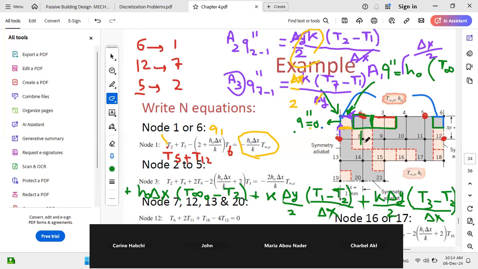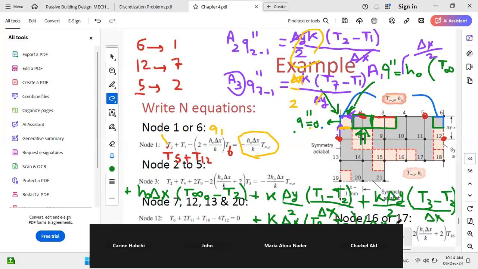The area of the face here is delta X times 1, and the distance between nodes 2 and 8 is delta Y. So it's plus K times delta X times T8 minus T2 over delta Y equals to 0.